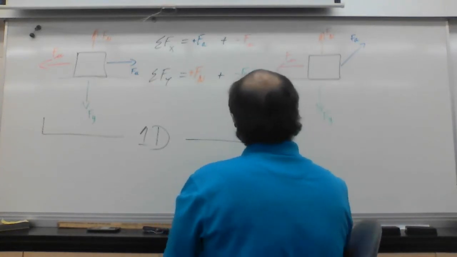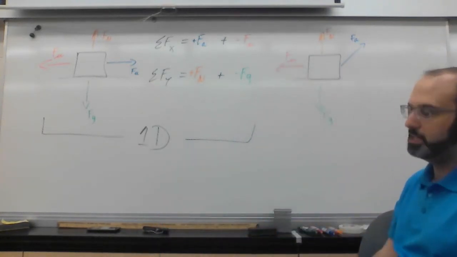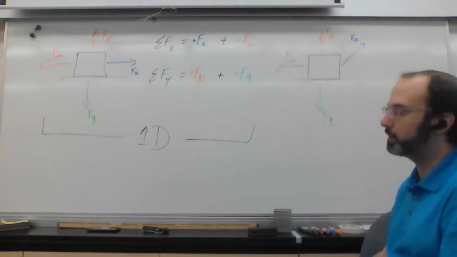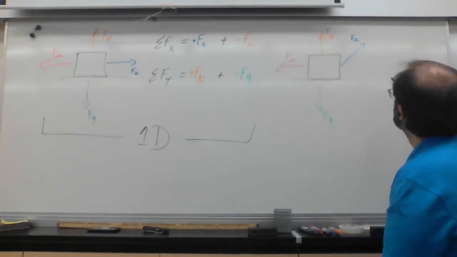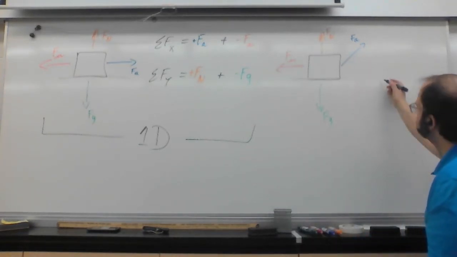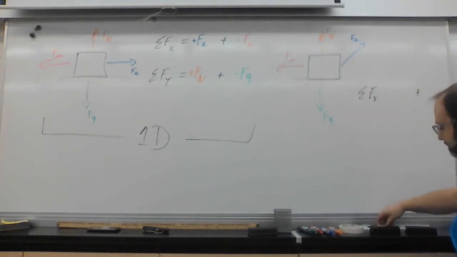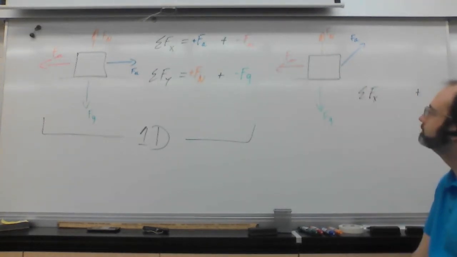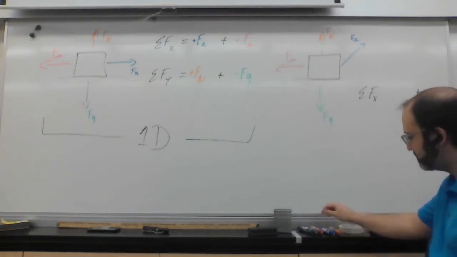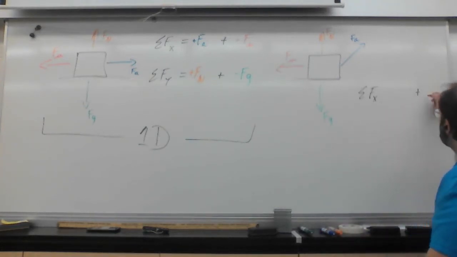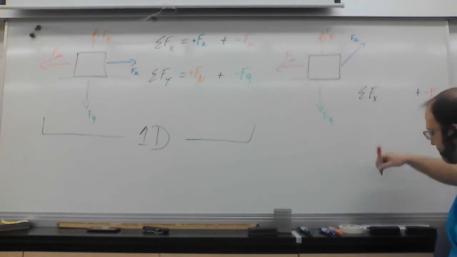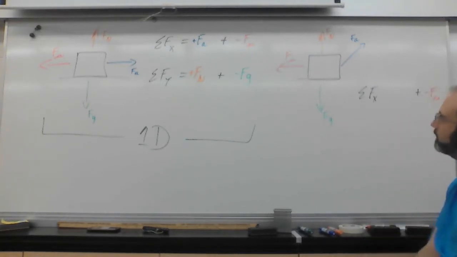So, when I come over here and try to do the addition, how is it going to look? Well, the sum of forces in the x, I still have friction. Friction hasn't changed, so I can put that in. Negative force of friction. Okay. But now what do I do with force applied?